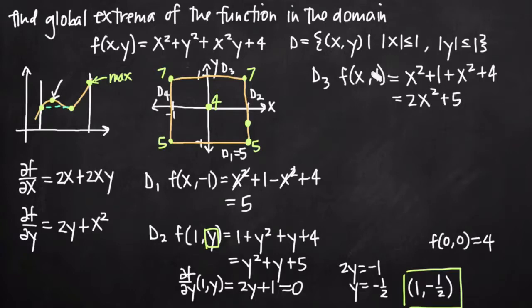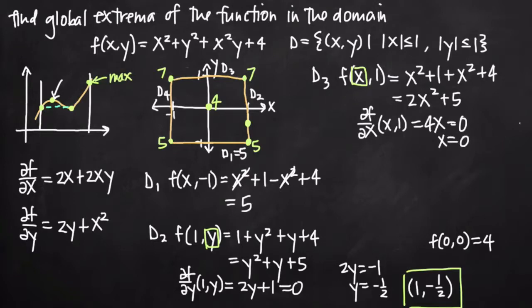Because x is our variable that remains here, we need to take the partial derivative of this function with respect to x. So we'll say partial derivative of f with respect to x at x comma 1 is going to be equal to 4x. Now I want to set this equal to 0 and solve for x by dividing both sides by 4. I'll get x is equal to 0.